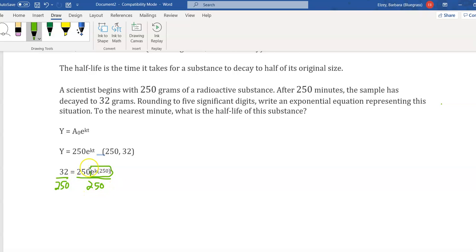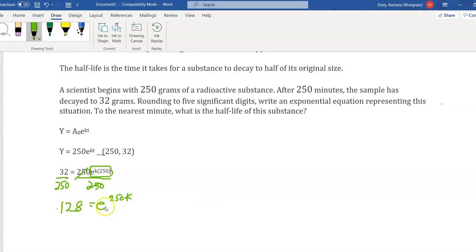On this side, 250 will be gone. 32 divided by 250, and that actually does not have a bunch of decimals. It's just 0.128. And then over here, this will be e to the 250k. Again, I'll just put the 250 in front of the k because it looks better in front of the k instead of in back of it.